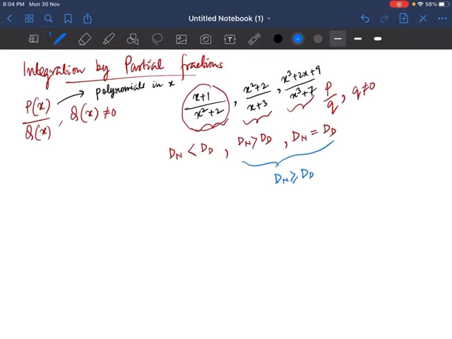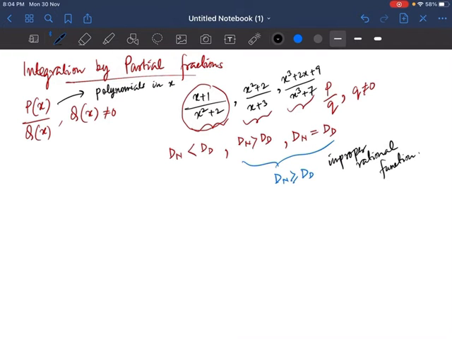Now integration of these improper rational functions is a bit difficult to do; they are not performed directly.